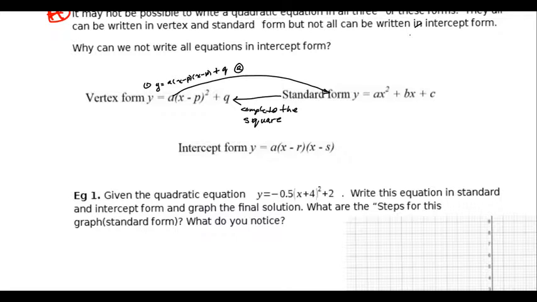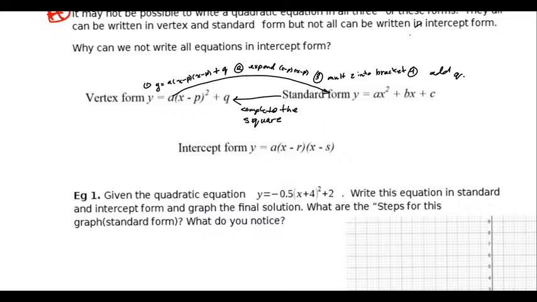You're going to just expand the (x - p), (x - p), and leave it inside a bracket. Then for 3, you're going to multiply the a into our bracket. And then 4, you're going to add the q value. You'll see how we do that today.